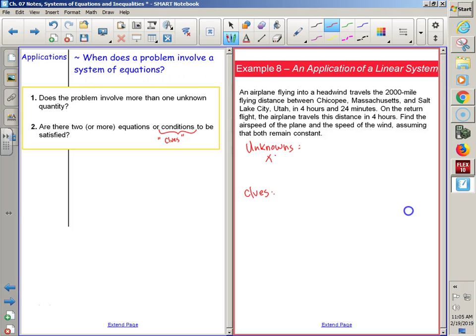First unknown. What's the first thing we're trying to find? Airspeed of the plane. Second unknown. Okay, now how do we use X and Y to explain or express what the clues are telling us?